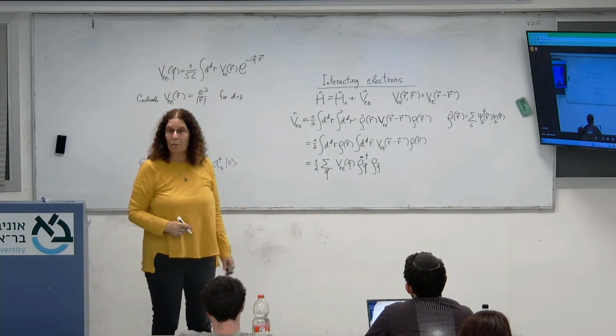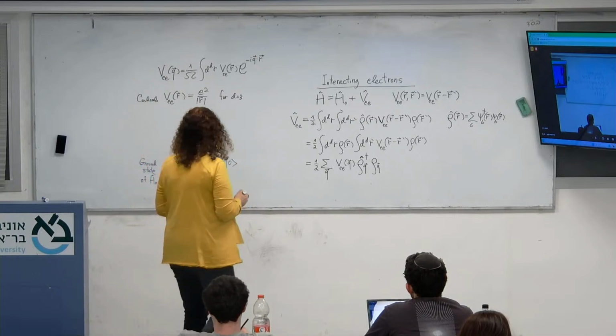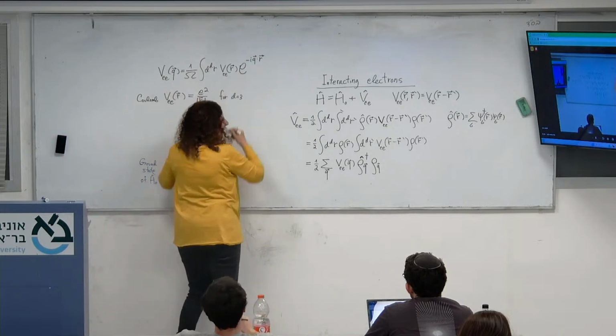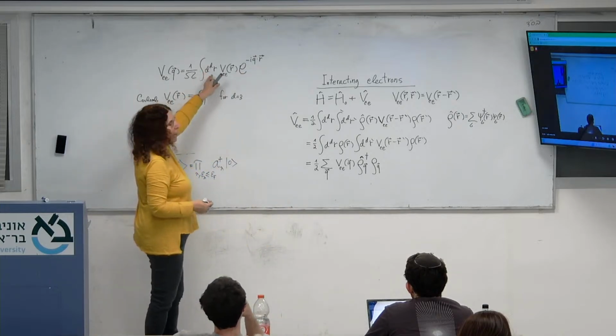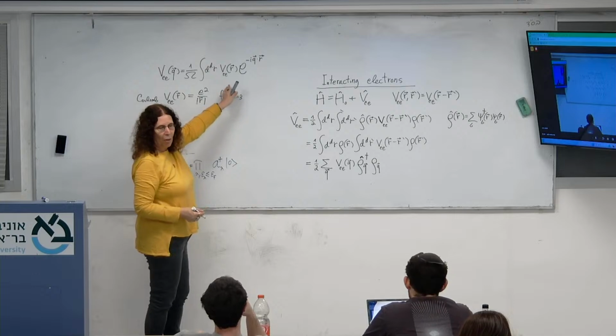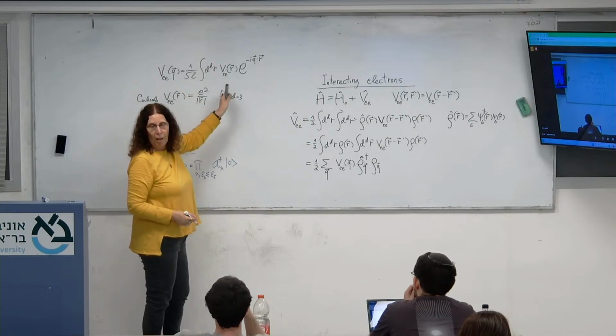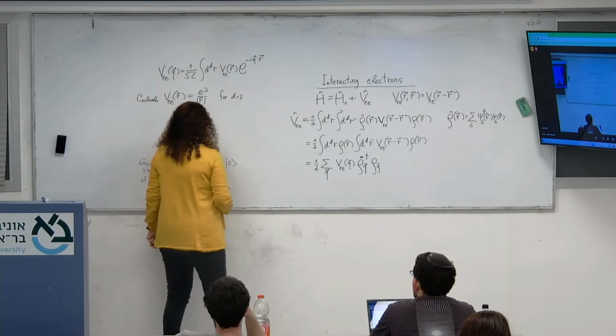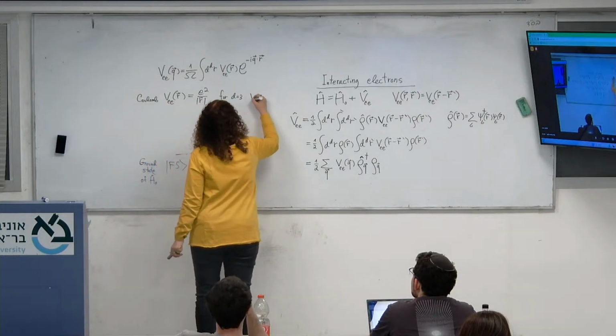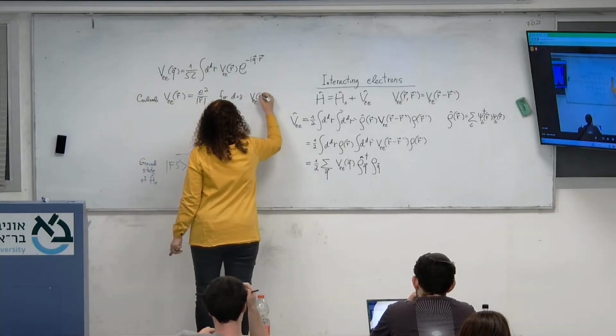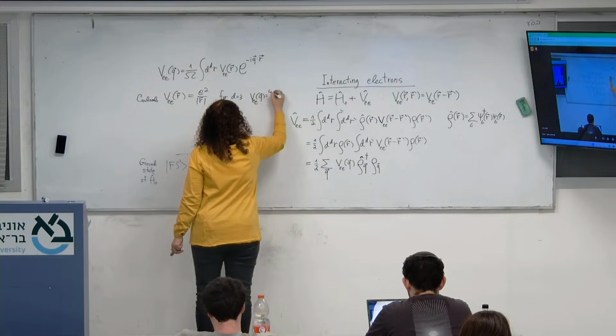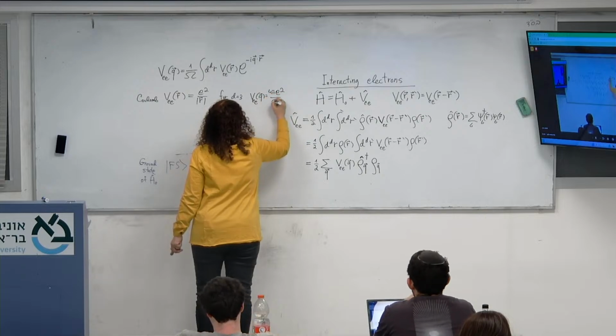I don't know if you've seen it, but it's relatively easy to calculate using spherical coordinates, and you get 4 pi e squared over Q squared.